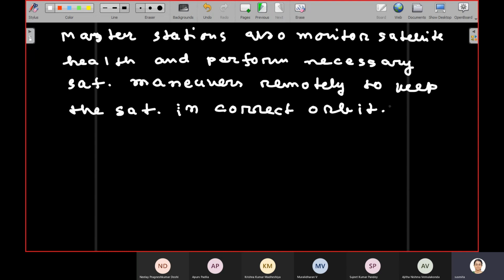The third segment is called the user segment.